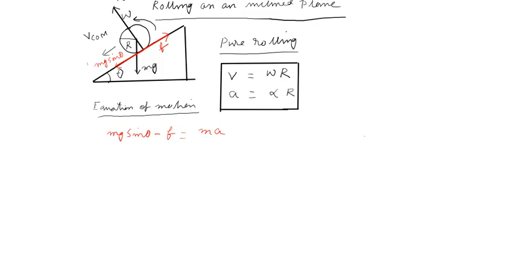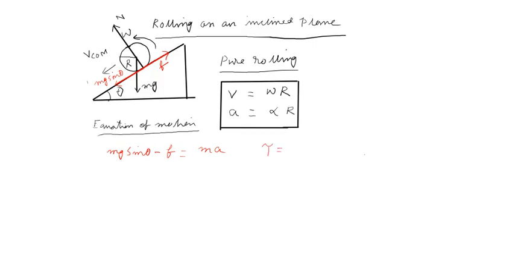So for the torque equation, we can write torque tau equals F R, and we also know that torque is the moment of inertia multiplied by the angular acceleration.